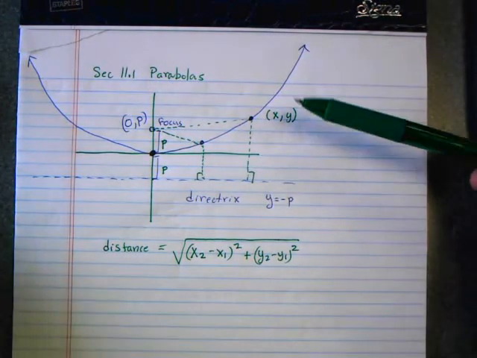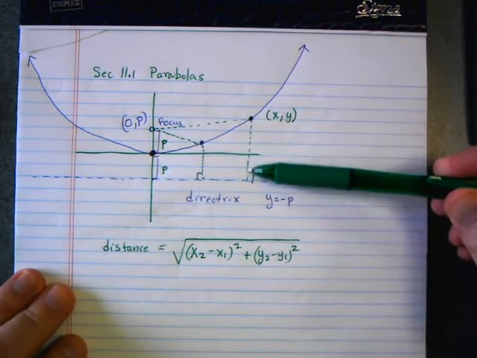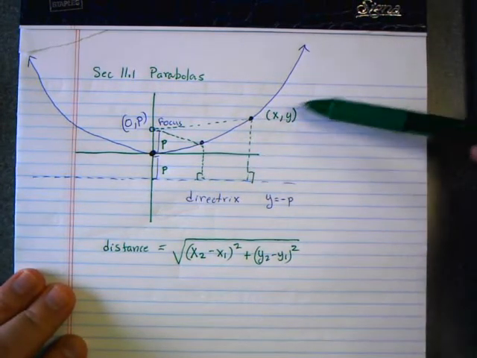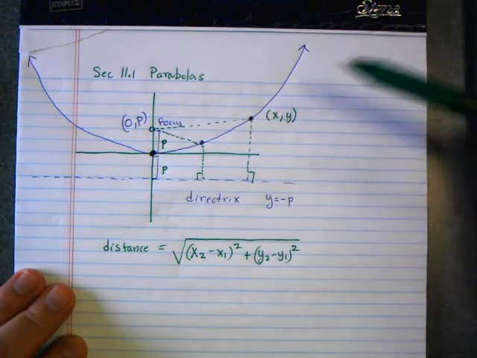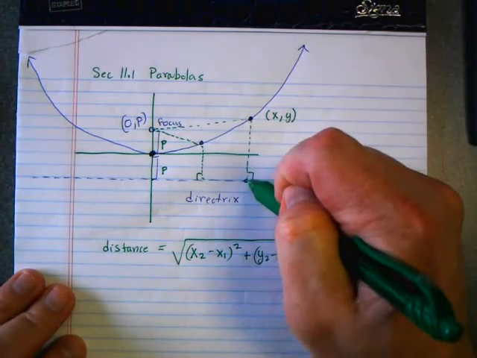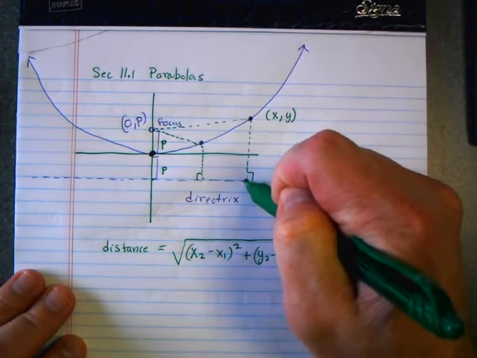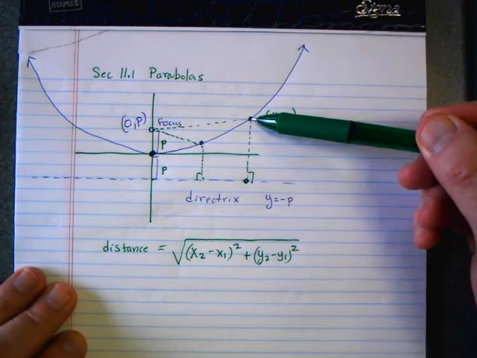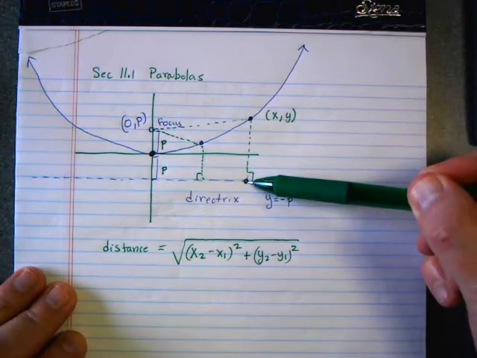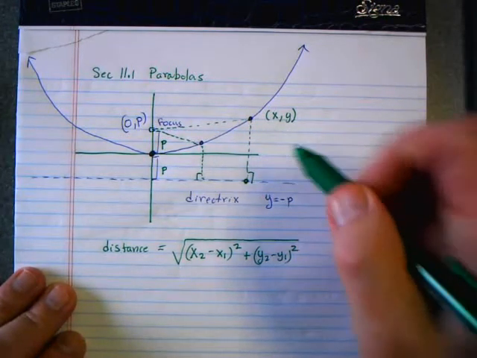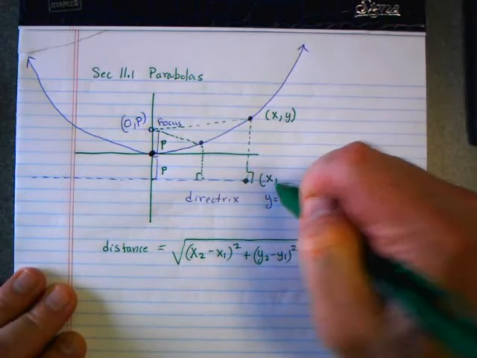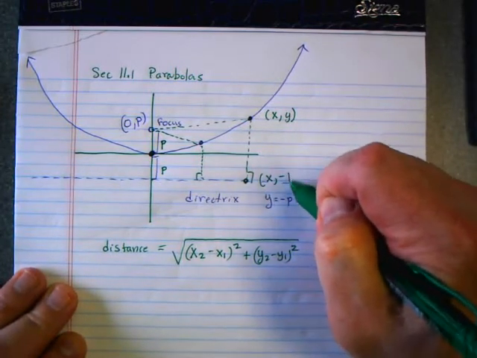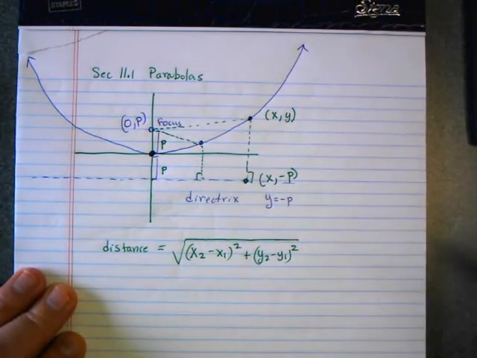Okay, so let's start with this distance right here. This one's the easier one. This point is (x, y). What's this point down here? What are the x and y values for that point? Well, if this one is x, then down here this is also x. And what's the y value here? Negative p? We don't know what p is, it's just some number.